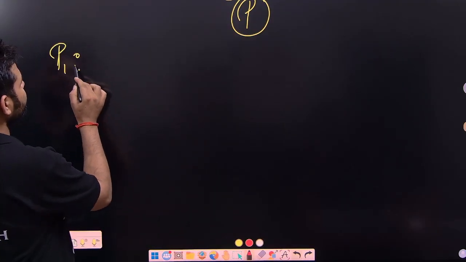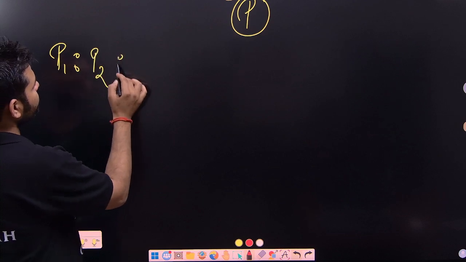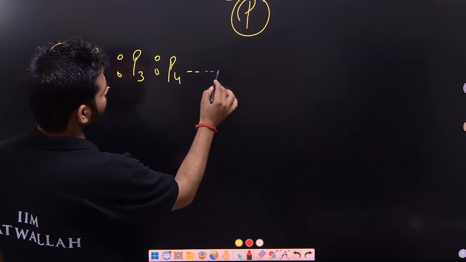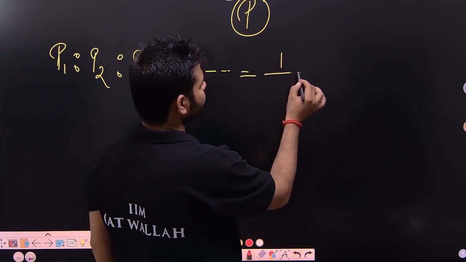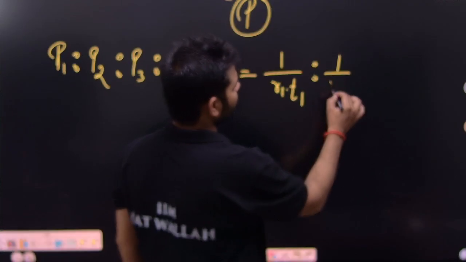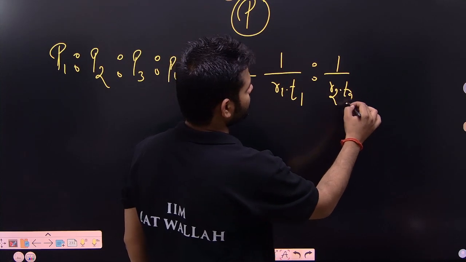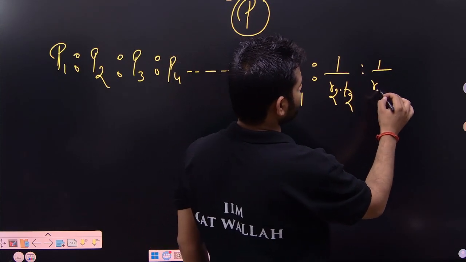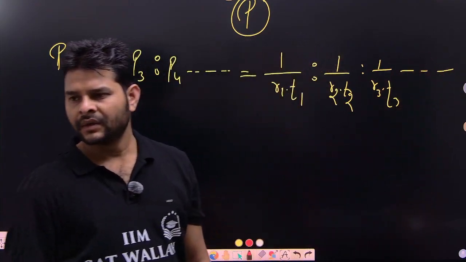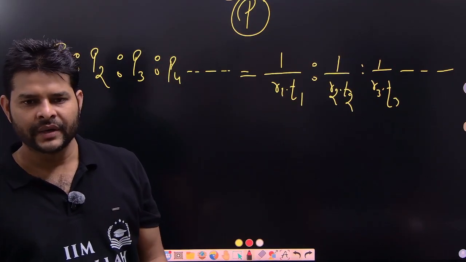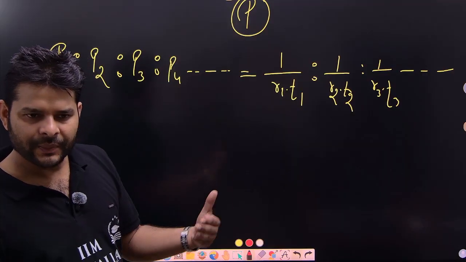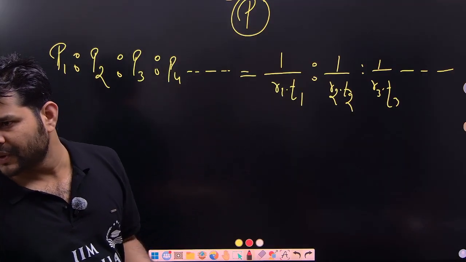P1 ratio P2 ratio P3 ratio P4 and so on would be 1 upon R1 T1, 1 upon R2 T2, 1 upon R3 T3, and so on. If we have 2 parts, we take P1 and P2. 3 parts, P1, P2, P3. 4 parts, P1, P2, P3, P4.